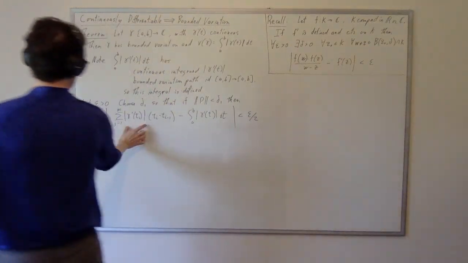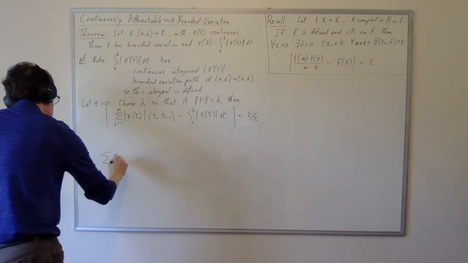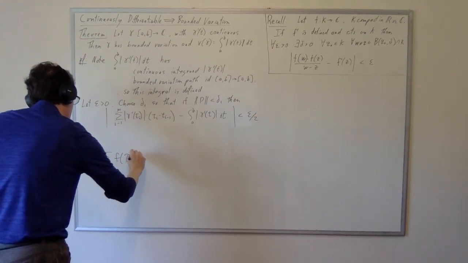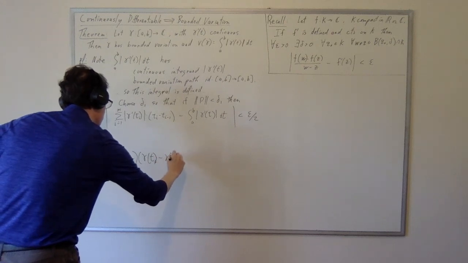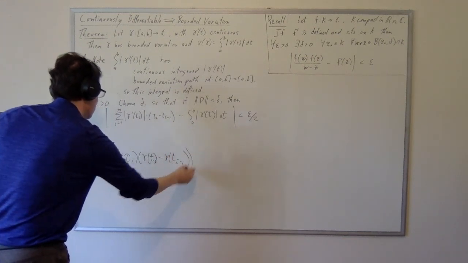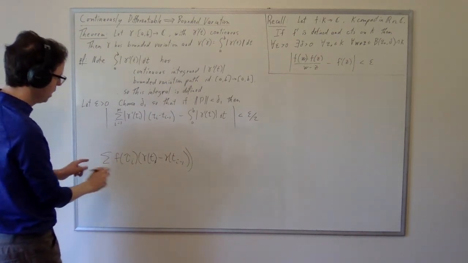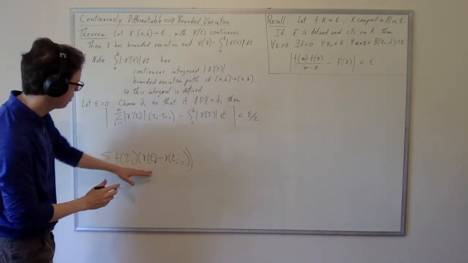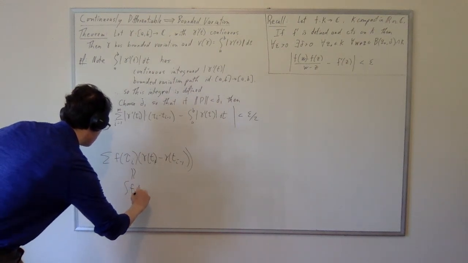Now, is this the right integral estimate? The normal integral estimate, if you'll recall, says the sum of f of tau i times gamma of t_i minus gamma of t_{i-1}. So you might worry that I've forgotten my gammas here or that I've forgotten my f. But you see, this applies to the estimate for the integral of f d gamma.